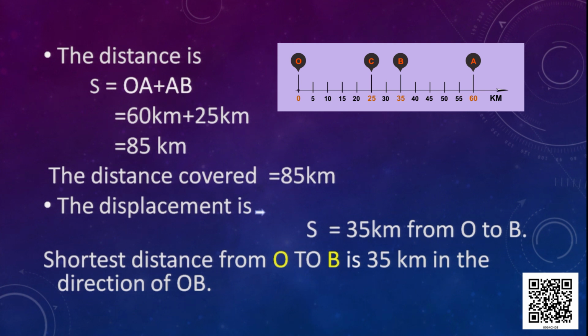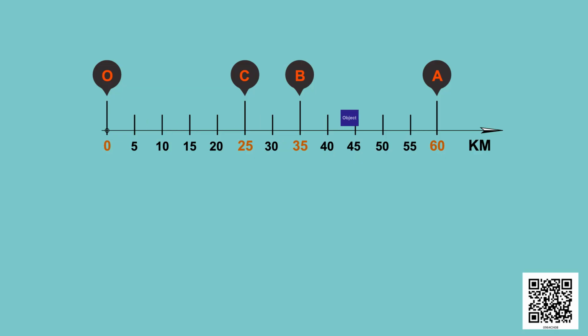Then what is the displacement in this case? Displacement is the shortest path length between the initial position and the final position of the object. So the shortest path length s, with an arrow mark on top of the letter s, is equal to 35 kilometers from O to B. See this picture.